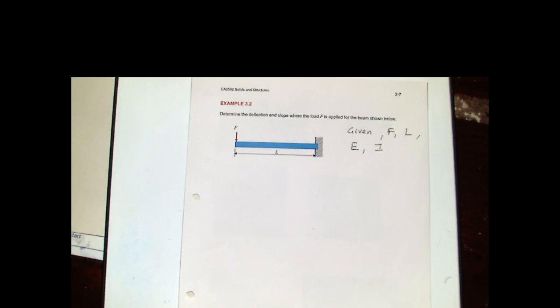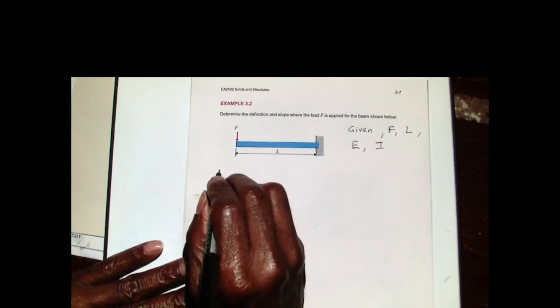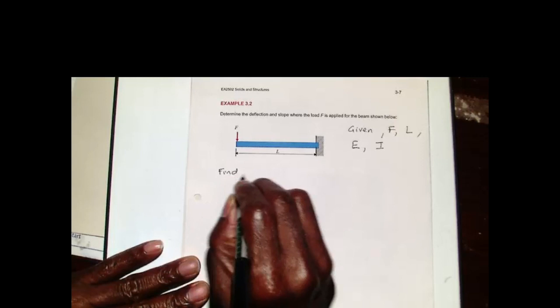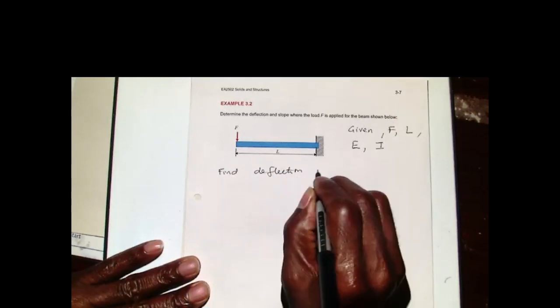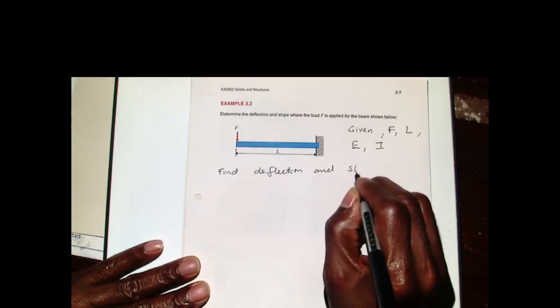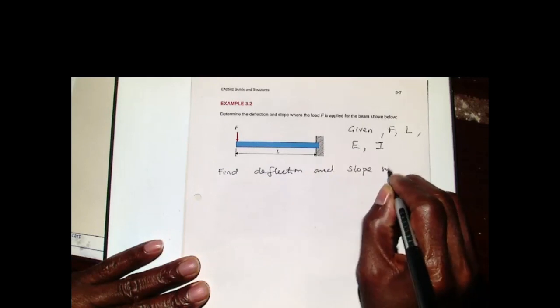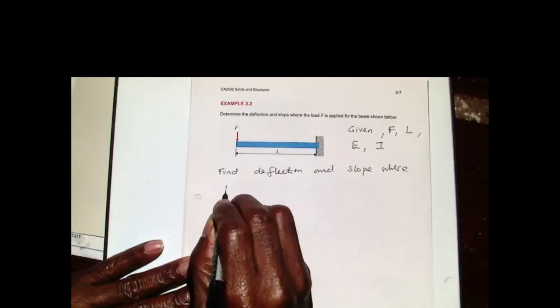Those will have some numbers, but this one we're going to do without any numbers, and in the next example I will have some numbers in it. We are interested in finding the deflection and the slope where F is applied.